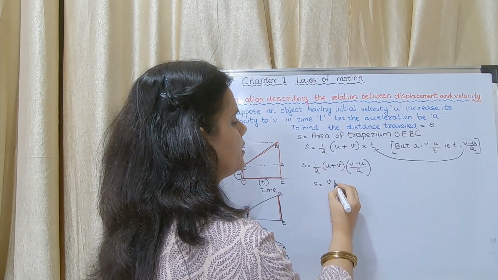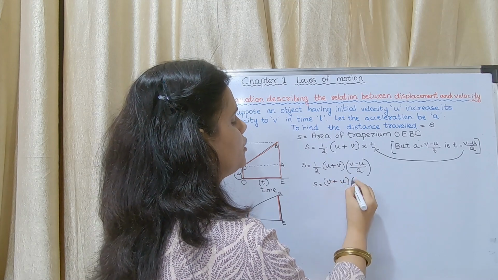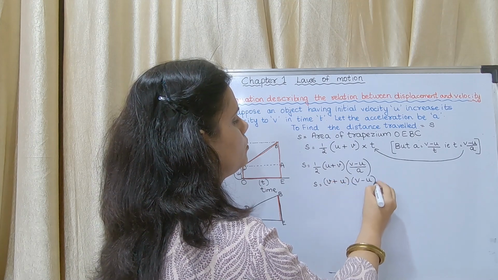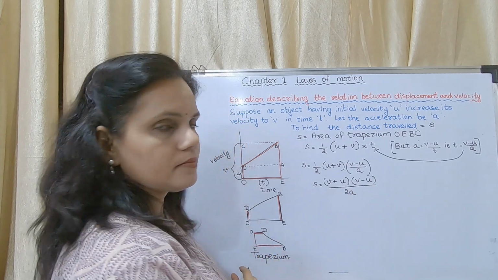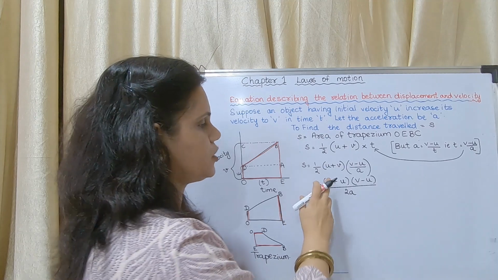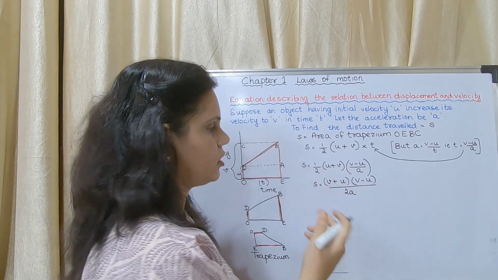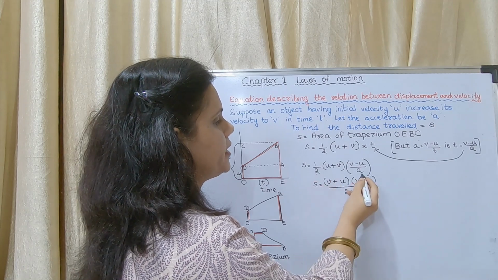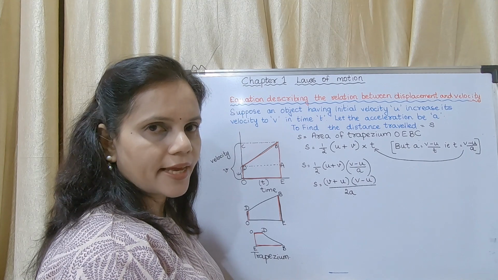This you will get as v plus u into v minus u upon 2a. This u plus v, I have taken as v plus u, v minus u into 1. That one I have not written. 2 is a denominator, a is a denominator. So 2 into a becomes 2a.